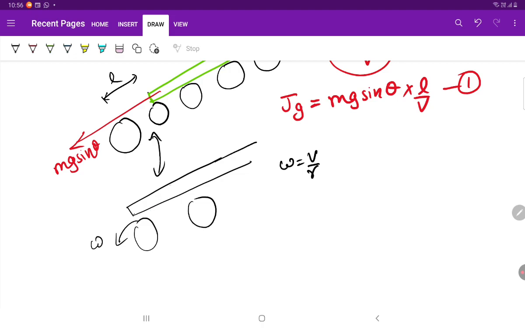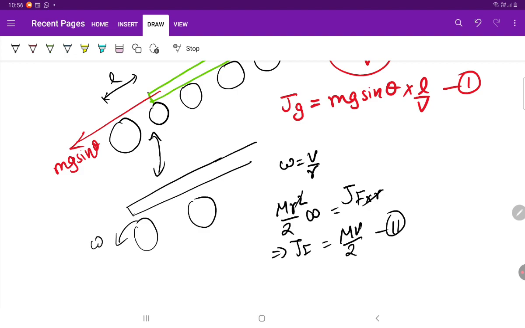And we know that for a solid cylinder, the moment of inertia is mr square by 2. Thus mr square by 2 omega is given as Jf into r. So I will get Jf is equal to mv by 2. Equation 2.